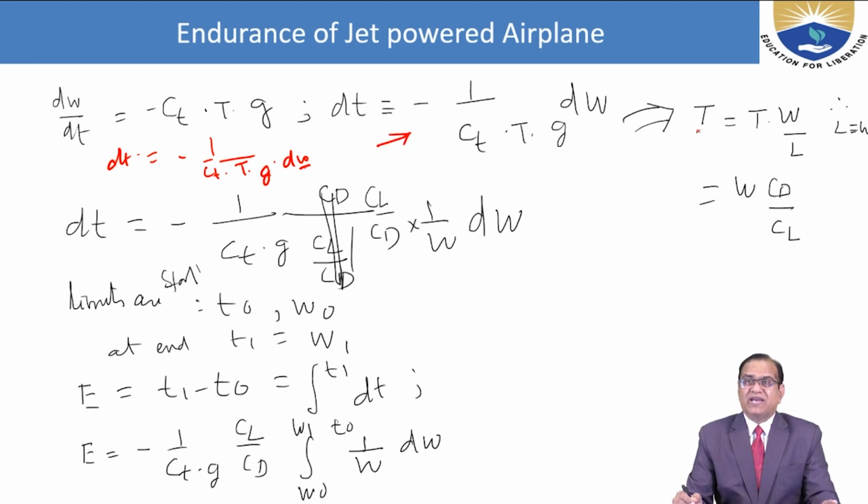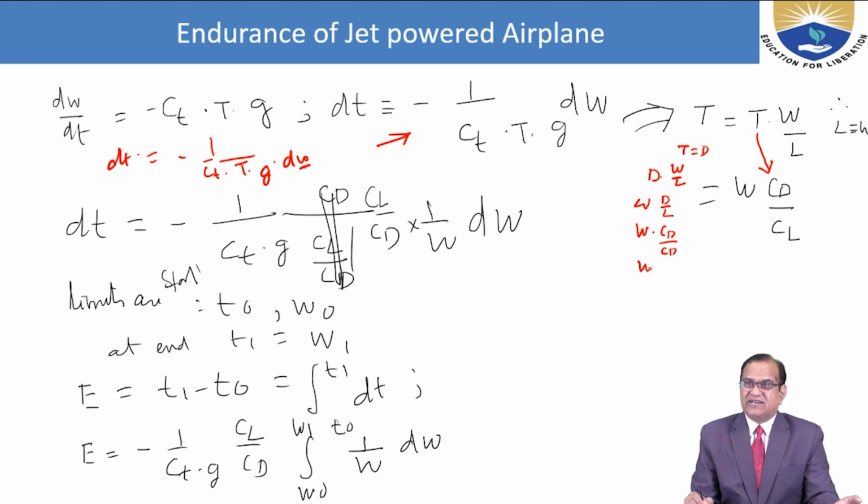Now we can do some changes. You know that L is equal to W, so we can write W by L. For thrust, T is equal to D, the drag, so I can write T equal to D into W by L. I can take W outside: D by L, or W into CD by CL.